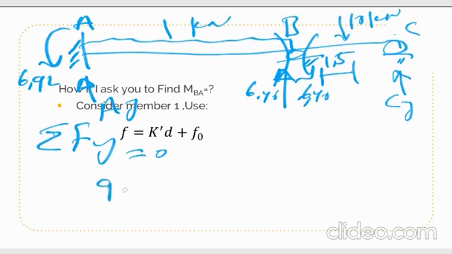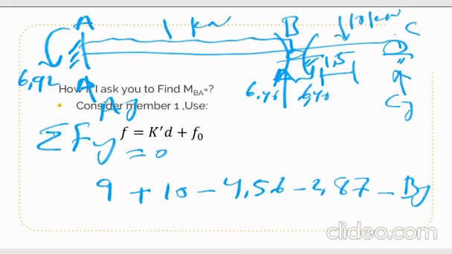Then 9 plus 10 minus 4.56 minus 2.87 minus By equals 0. Then By equals 11.57.